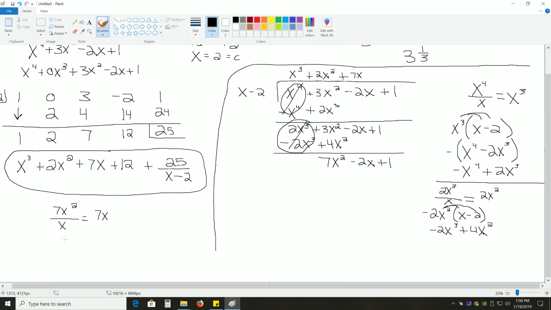And remember, we take this value and multiply it by the number on the outside, which is x minus 2. And because we are going to subtract this result, we can again just multiply by a negative immediately, giving us negative 7x squared plus 14x, which goes right here.